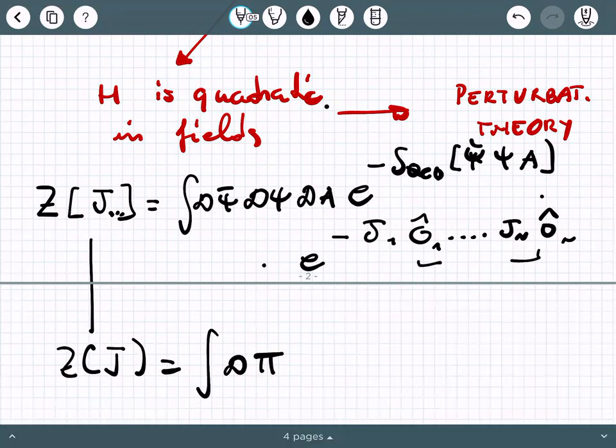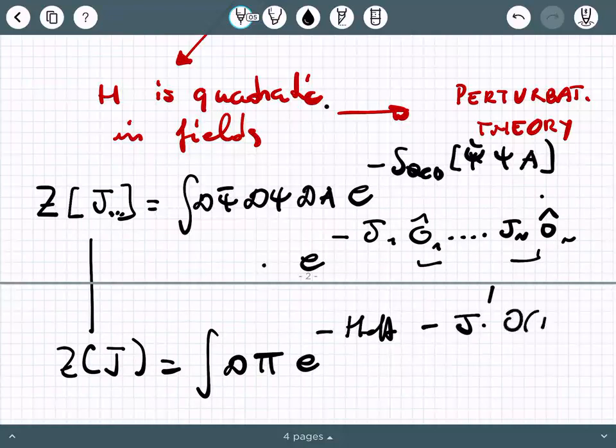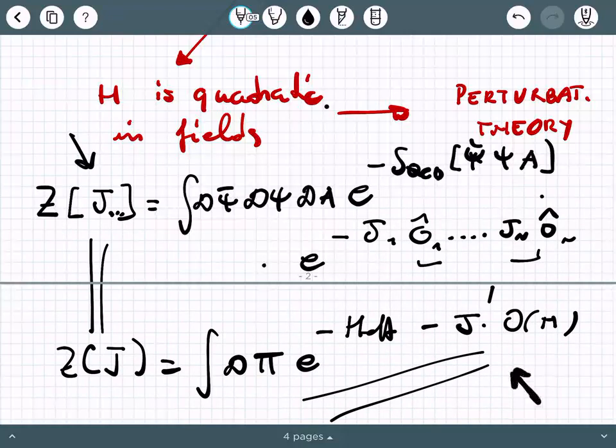Suppose you're interested in the very soft dynamics, all you need is the pion, and then basically you have an effective Hamiltonian with sources that couple to operators written in terms of pion degrees of freedom. And this equality is used to construct this effective theory, so that when you compute correlation functions of this theory by differentiating with J, you have two equivalent forms, and therefore you can compute in the effective theory.